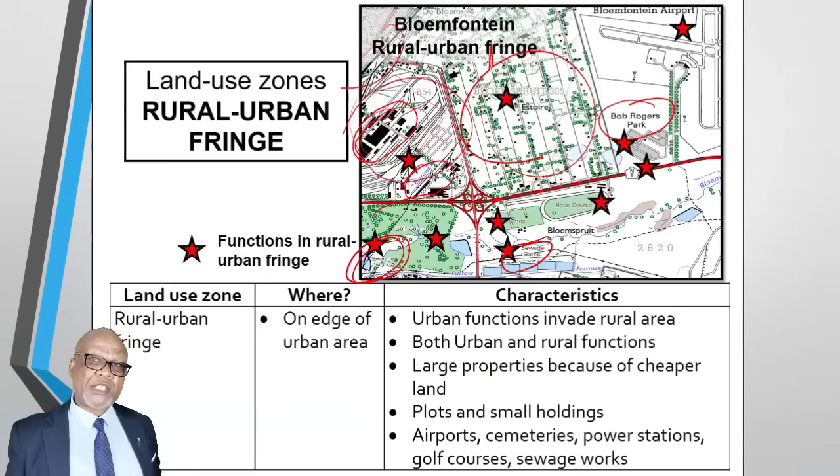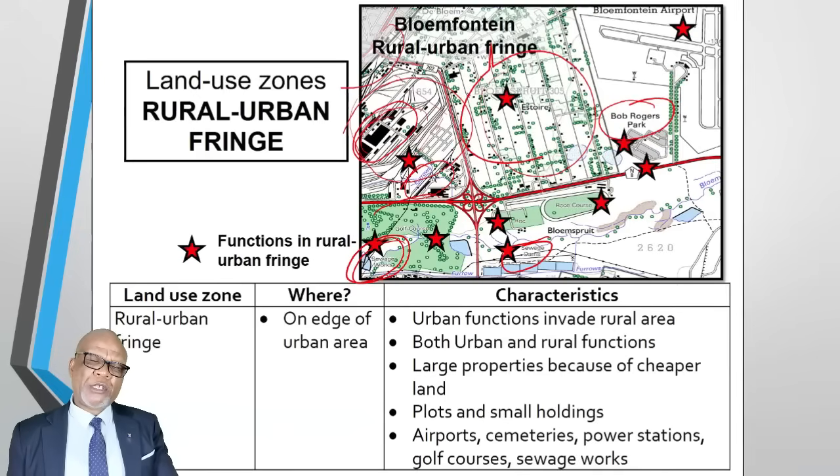It is also a transition between rural area and urban area, but it's not a transitional zone. It is just a transition because now you are moving from the rural areas, you are getting into urban areas. And then like your transitional zone or zone of decay, you are moving from the CBD, but you go into urban area.